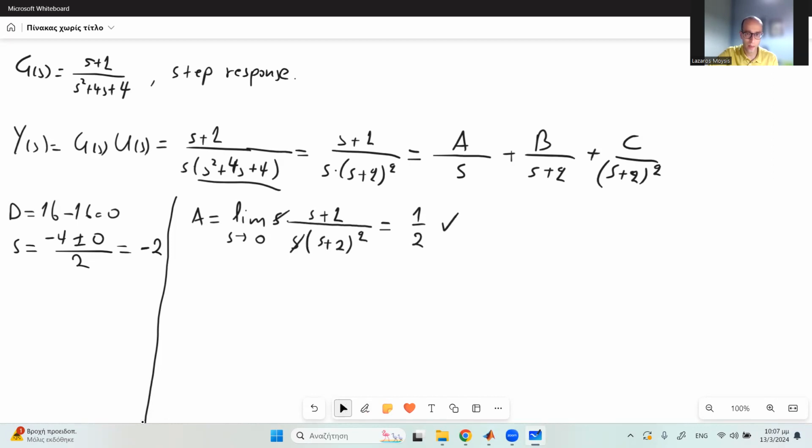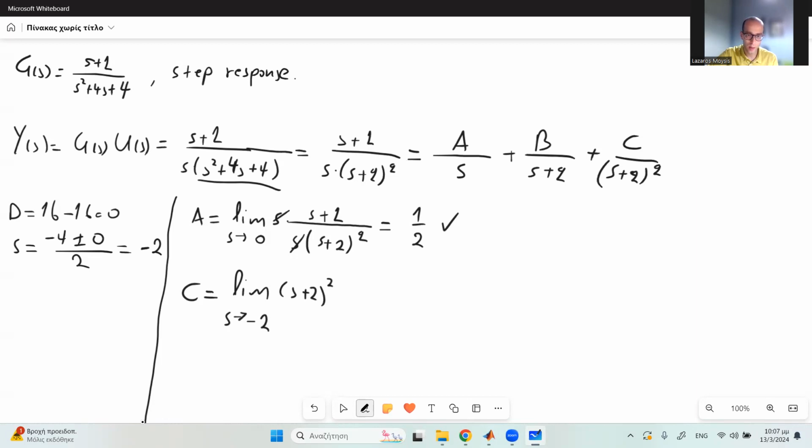B and C are a bit more difficult to compute. Actually, C is not at all difficult. So I'm going to start from the end by computing C, the highest order term. It's the limit as s goes to -2, and the idea is exactly the same.